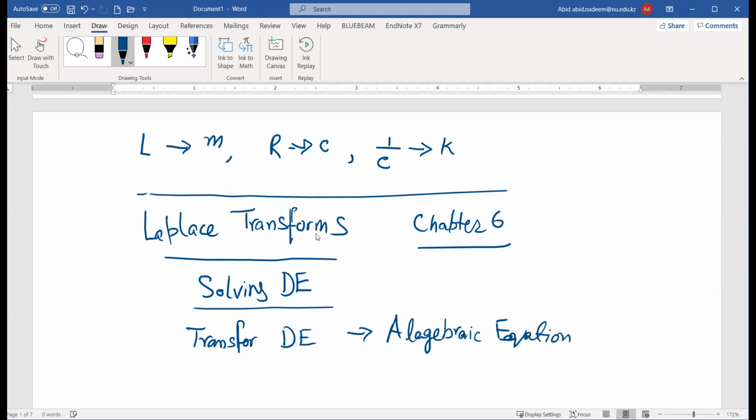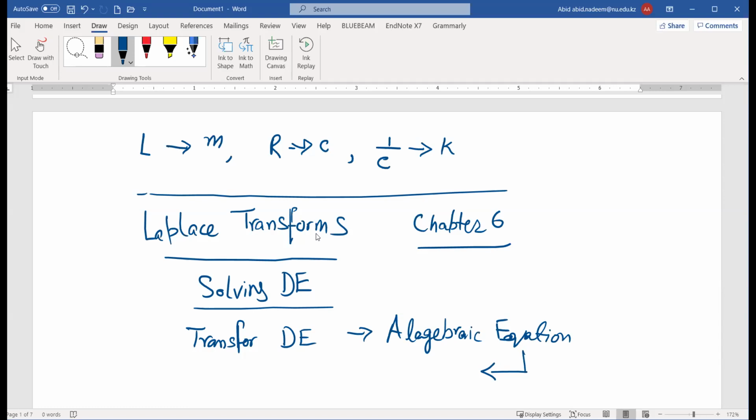Okay, you can transform a differential equation into an algebraic equation, and then that algebraic equation will give the solution of the differential equation, because you know that the solution of the differential equation is a function in the algebraic format.